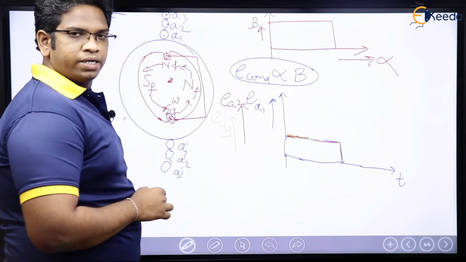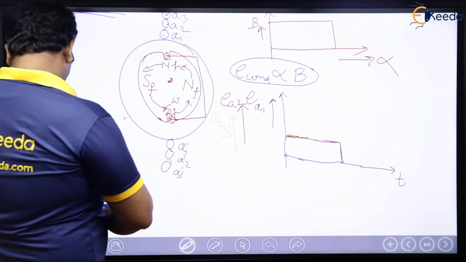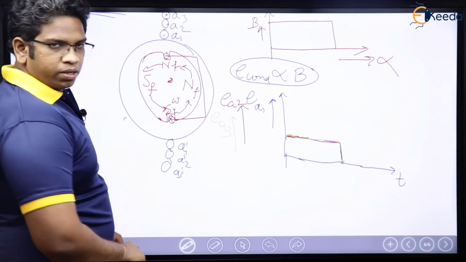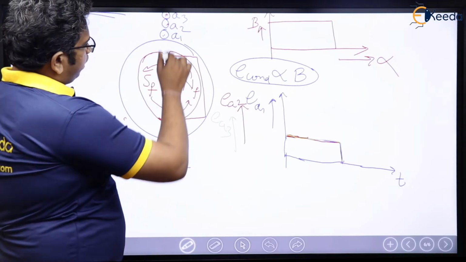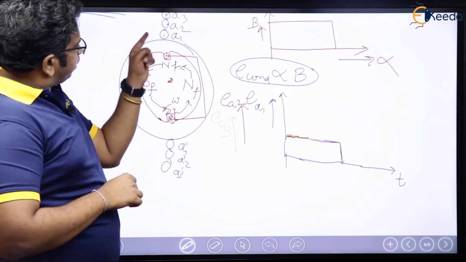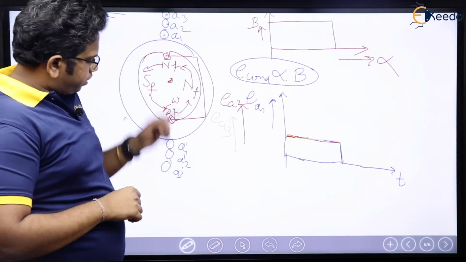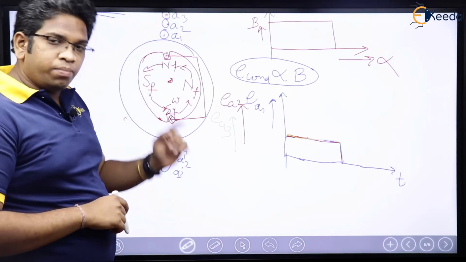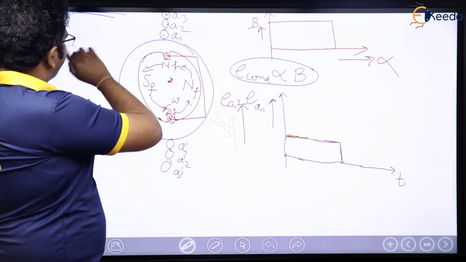Right. Now see here, if for example, this is A1 conductor, A1 dash conductor, A2 conductor, A2 dash conductor, A3 conductor and A3 dash conductor, we know. Now if I somehow connect them in series, what is going to happen?